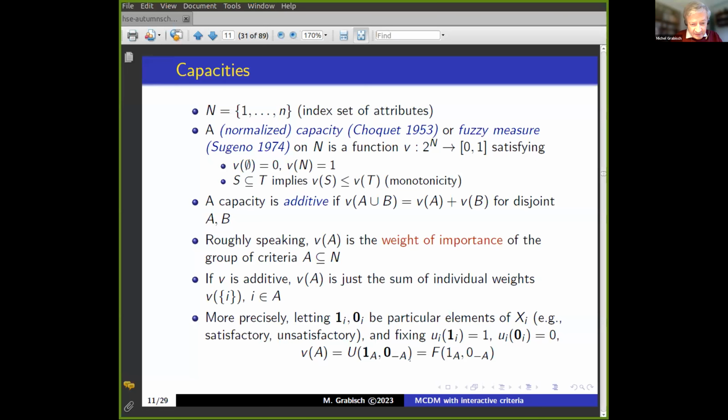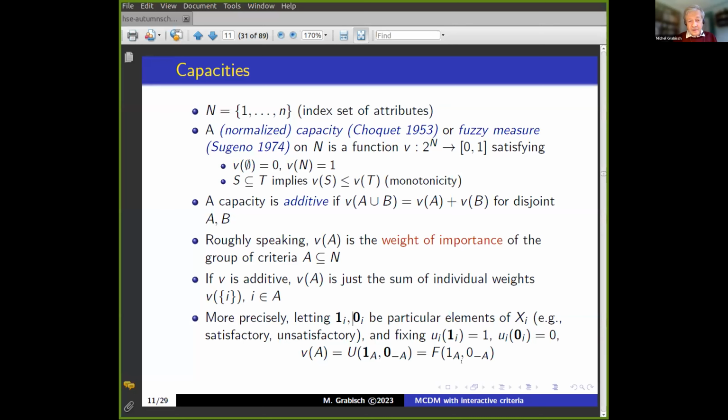We also impose the following: since we take a decomposable model, so you remember, the overall utility function U is equal to the function F aggregating all marginal utilities. And thanks to this normalization of the marginal utilities, this vector of attributes is transformed into this vector of numerical values.